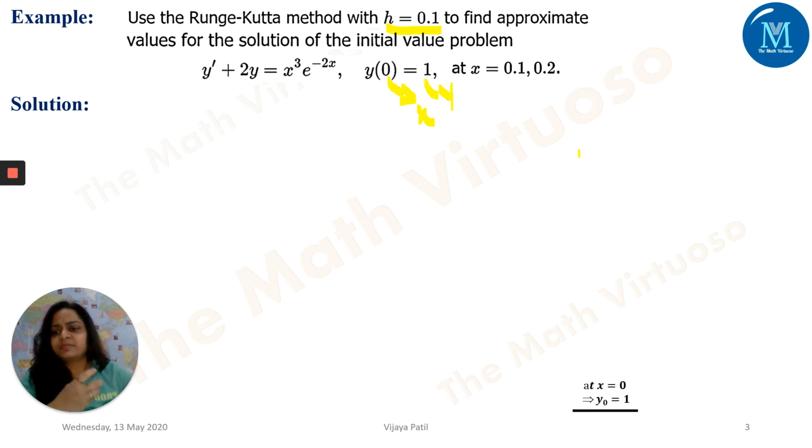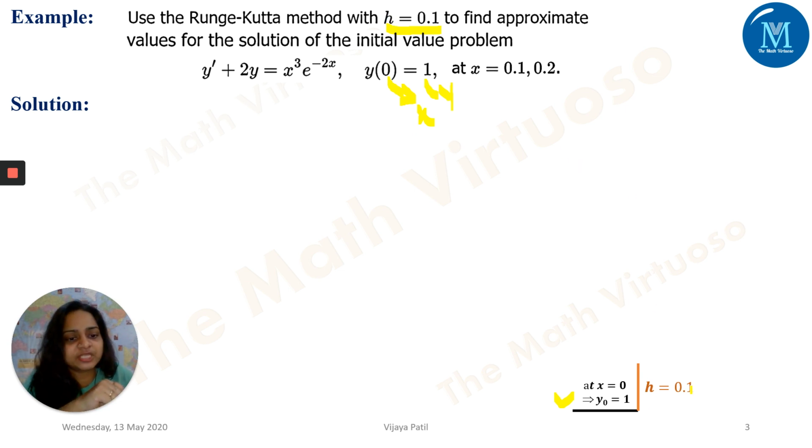Let us understand this in a pictorial way. With the example given to me, at x = 0, y0 has been given to me as 1. That means the initial approximation has been given to me as 1. They have asked me to take h of 0.1.